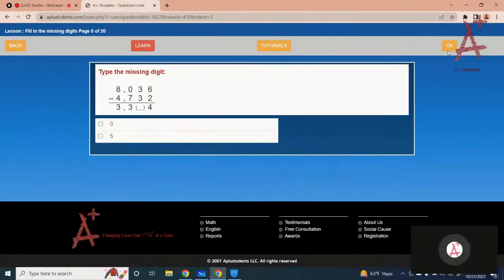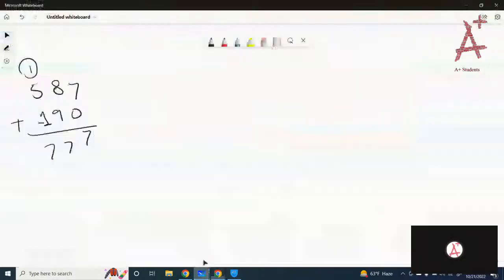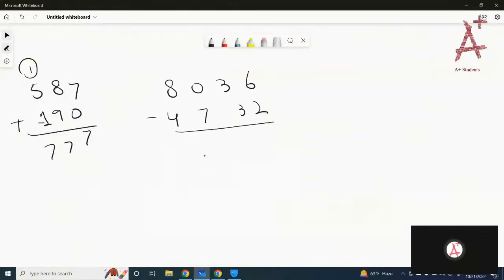Okay, type the missing digit. 8036 minus 4732. Let me write it down on board. 8036 minus 4732. Then here you have 4, the missing number, 3 and 3. Okay, so start subtracting from the ones digit.